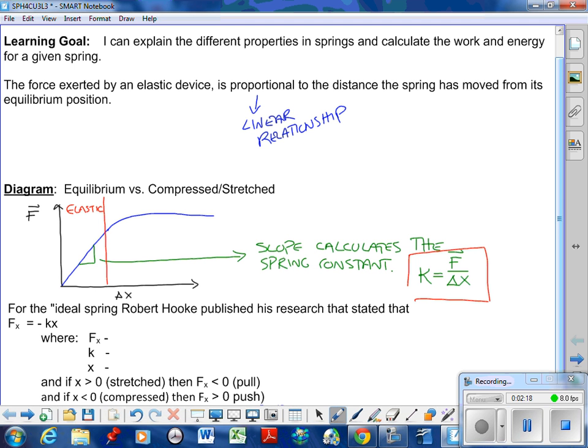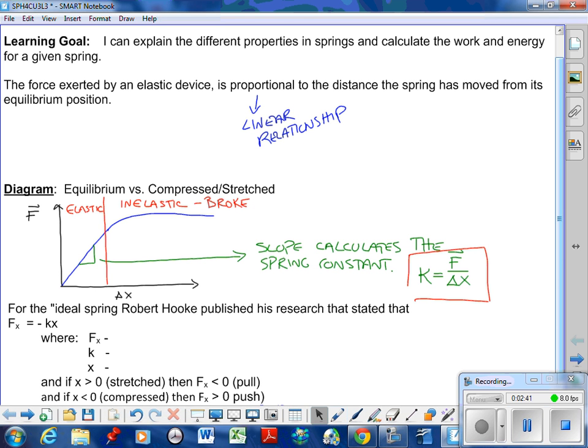That means a spring will return back to its original shape in that elastic region. This region here is inelastic, which means that you have broken it or unwound the spring and it probably has failed. So that's your inelastic region.